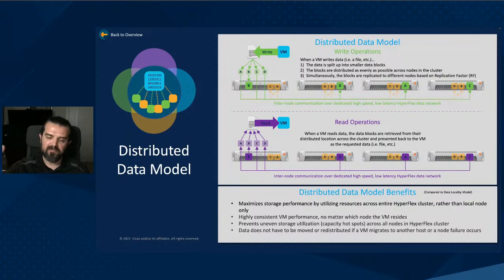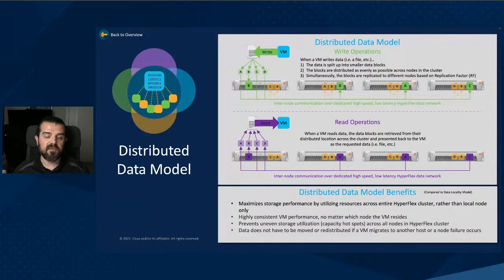We have a VM which is registered to a host, and that VM can access all drives in the cluster, even if they are located on different hosts, which gives us a chance to use all drives in a single I/O. This is HyperFlex superiority.